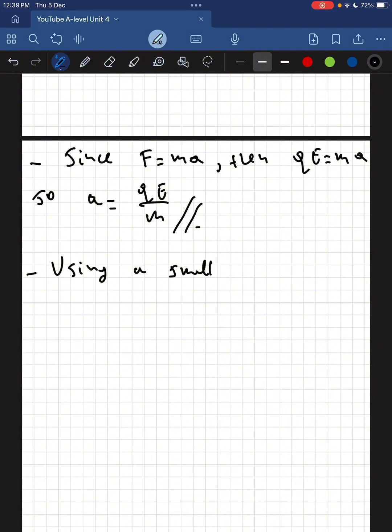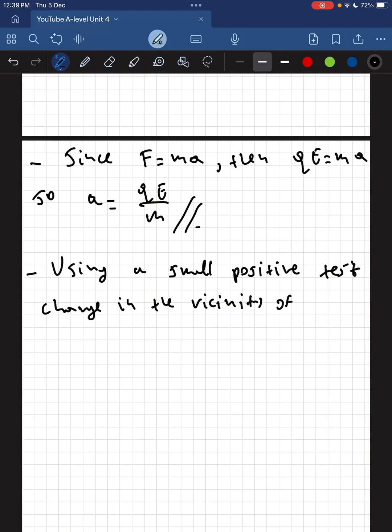It's always a small positive test charge. I don't know why. You could as well use a small negative test charge, but nobody does that. So using a small positive test charge in the vicinity of E, we can find its direction.